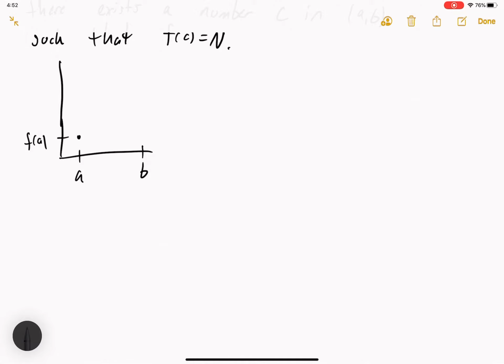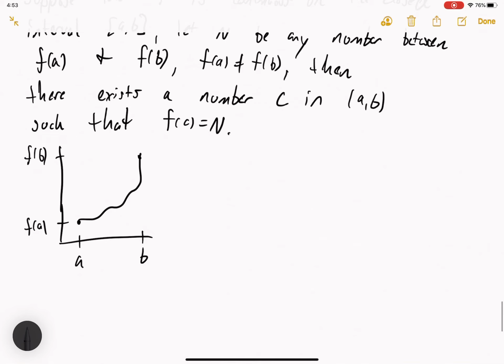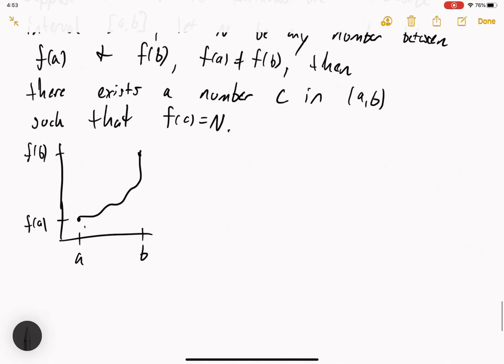And again, I'm just keeping these things arbitrary because we don't need them to be specific. So again, our setup so far is fine. A continuous function on a closed interval [a, b]. So here's [a, b]. It's defined on the interval. And we have that f of b and f of a are not equal to each other, so let's choose an n.